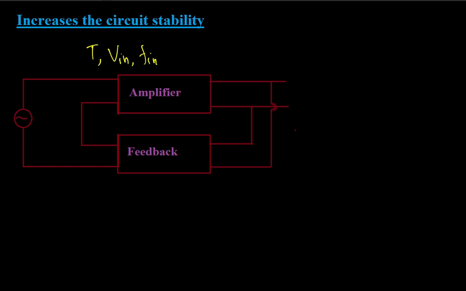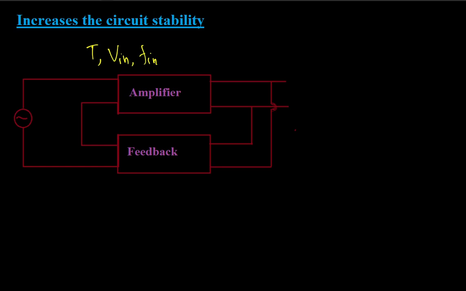So whenever there is a variation in these factors, we know that the output voltage of the amplifier will increase. This increase in the output voltage with respect to these parameters will cause distortions in the circuit, which makes the circuit unstable.